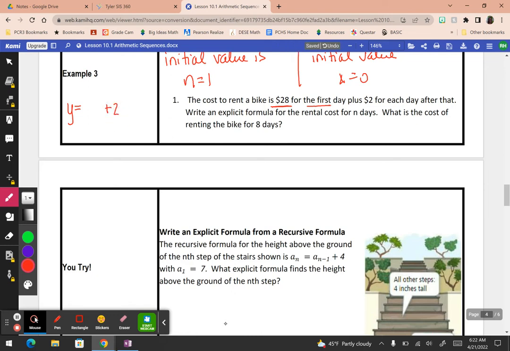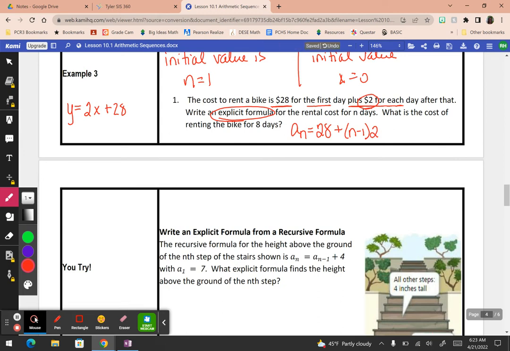So plus 28, and then plus $2 for each day. That's like your x, your slope. So if we go back and write an explicit formula for this, it would be a sub n equals the first term, 28, plus our n minus 1 times $2 a day.